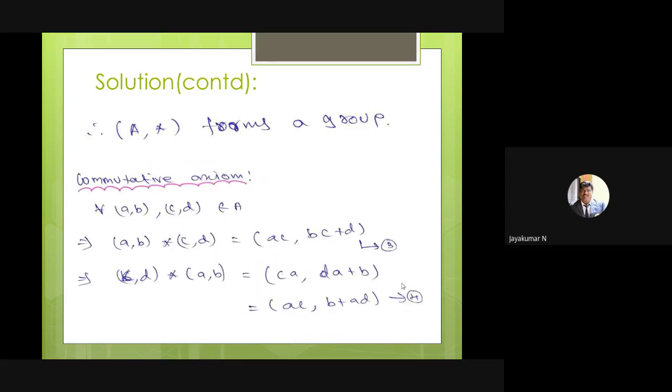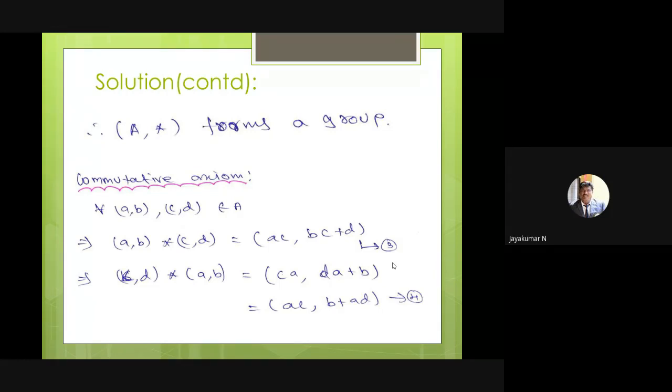Then the commutative axiom, just verify it yourself. (A, B) star (C, D) and (C, D) star (A, B). When you observe 3 and 4, is the commutative axiom satisfied? Anyone reply to me? Choose 2 elements in A, apply the binary operation, then apply it in reversed order. If both are equal, then the commutative axiom is satisfied.